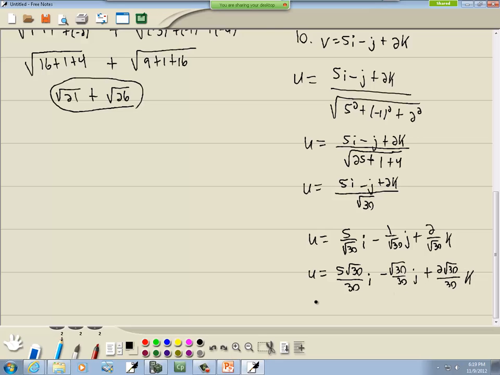And this simplifies. The 5 and 30 are both divisible by 5, so that gives us square root of 30 over 6 i minus square root of 30 over 30 j plus, 2 and 30 are both divisible by 2, so that gives us square root of 30 over 15 k. And that's our answer.